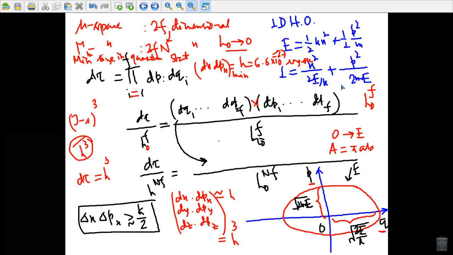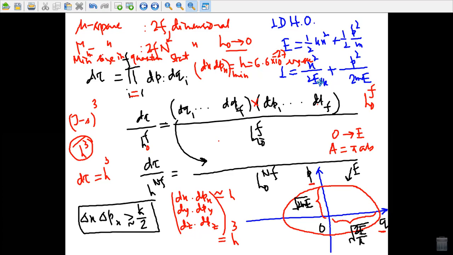If we cast this equation like x square by a square plus y square by b square is equal to 1, which is the shape of an ellipse, then the points of constant E lie on this ellipse, having the major and minor axes as root over 2E by k and root over twice mE respectively.